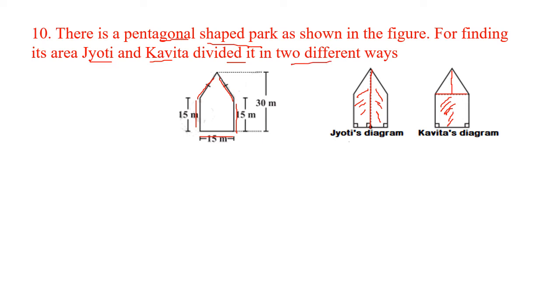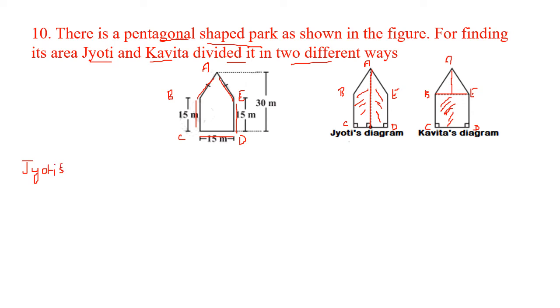So we'll call the diagram A, B, C, D and E. Okay, so again we have got this A, B, C, D and E. Even this is A, B, C, D and E. Now Jyoti's method is what?